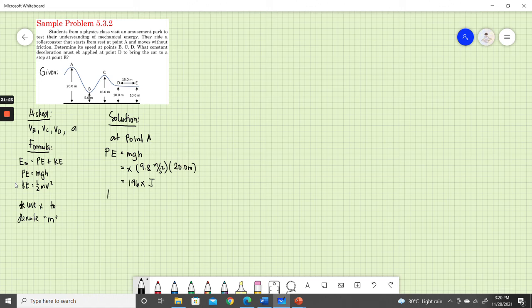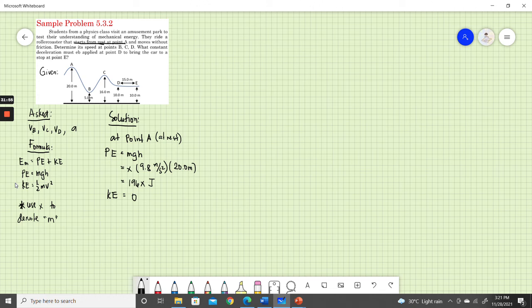And then we're going to solve for kinetic energy. We know that at A it starts from rest, meaning it's not moving. If it is not moving, therefore the kinetic energy is zero.